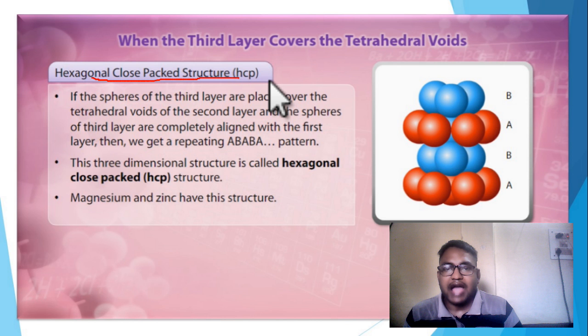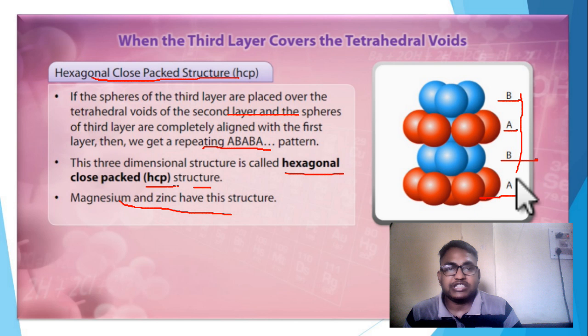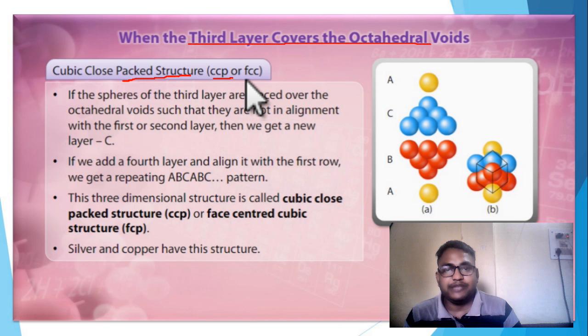When the atoms of the second row are placed directly above the first row such that the atoms are aligned horizontally and vertically, the arrangement is called square close packing.